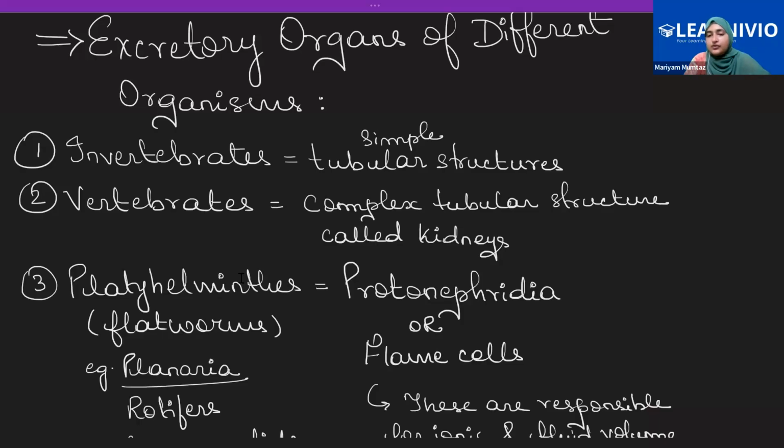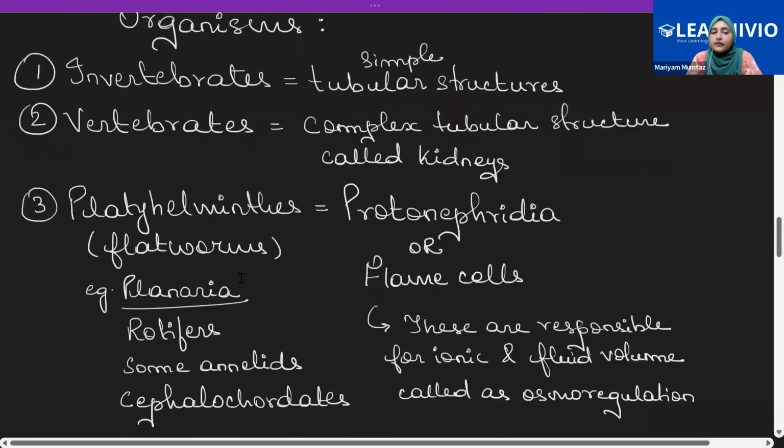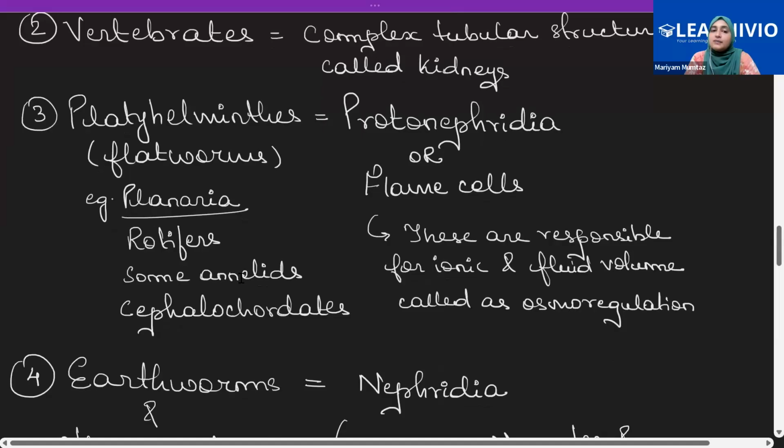Tubular structure means tube-like structures. For excretion purpose, they have that simple tubular structure. After that, there come the vertebrates. Vertebrates are the higher organisms and they have complex tubular structures called the kidneys.